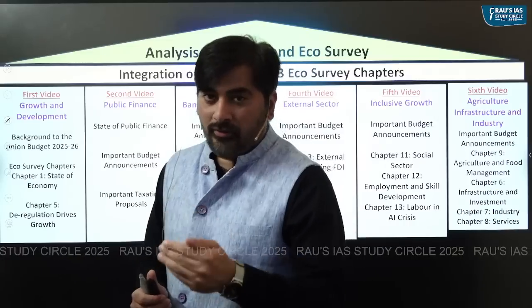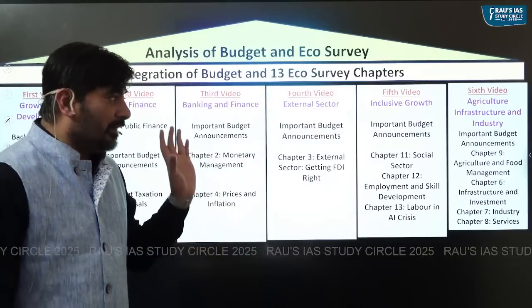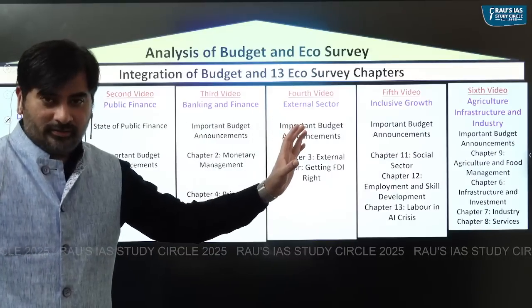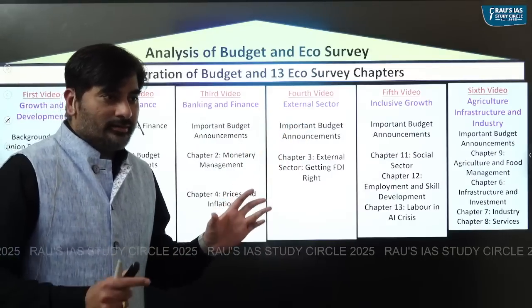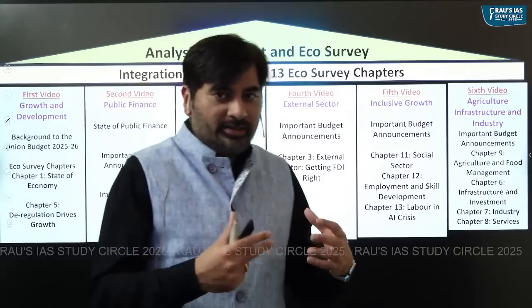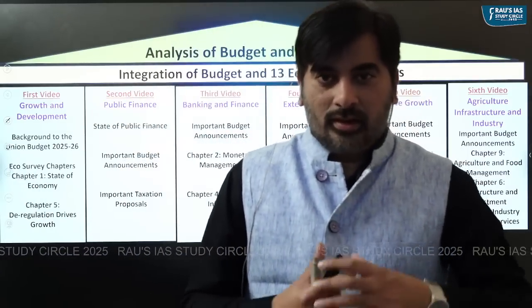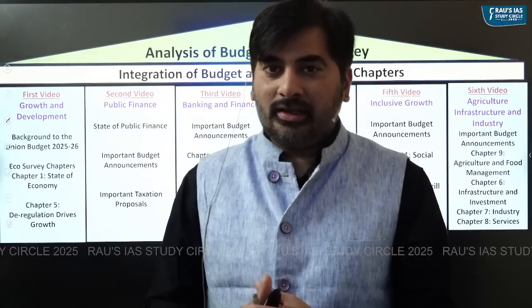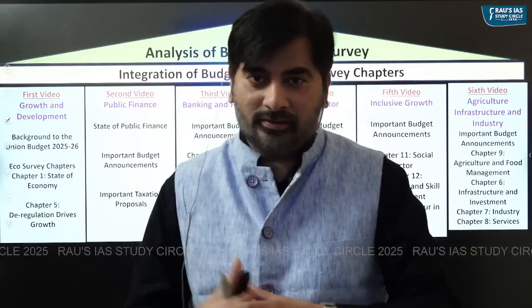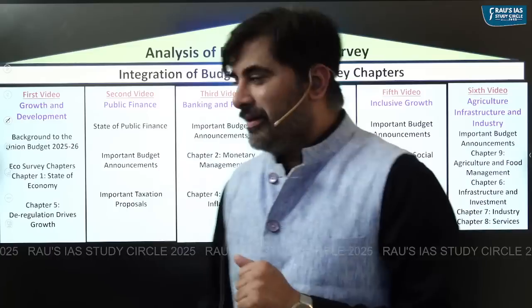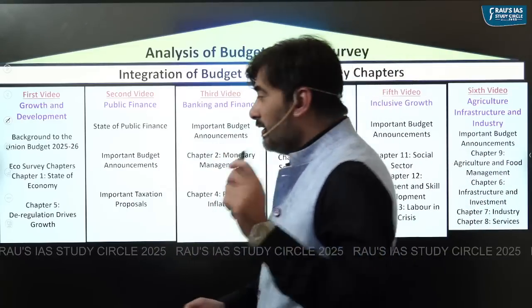In the subsequent videos, we shall be covering the remaining pillars. So understand that I'm covering budget and economic survey from the perspective of your examination, but converting this budget and economic survey into different pillars. So let's start with the background to the Union Budget 25-26.